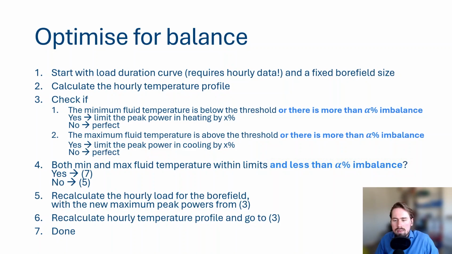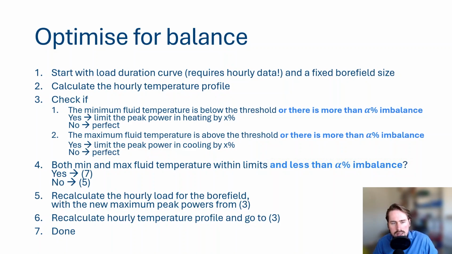Now we add another criterion, namely that we do not want more than a certain amount of imbalance. So we say to the optimization, well, we want at max 5% of imbalance, let's say, and then we check even if the temperatures are within the thresholds, but if there is imbalance, we also correct for that.